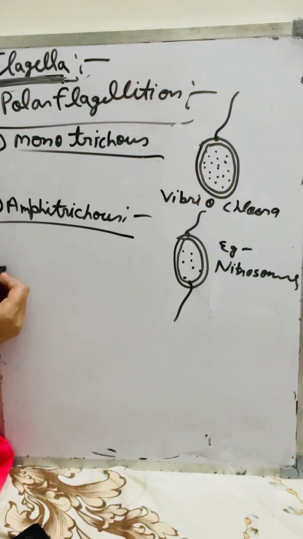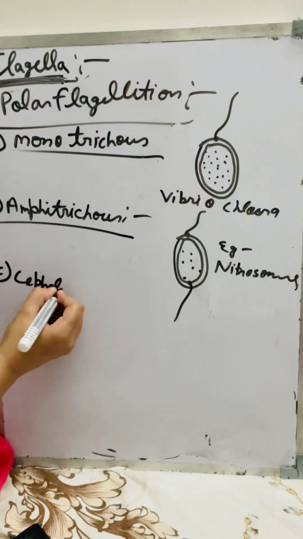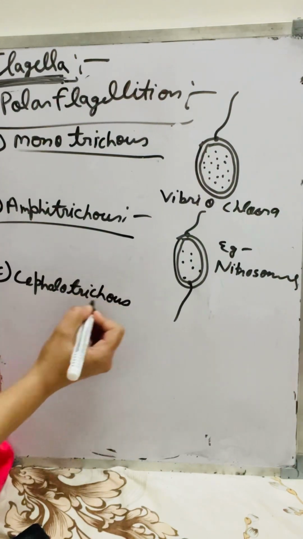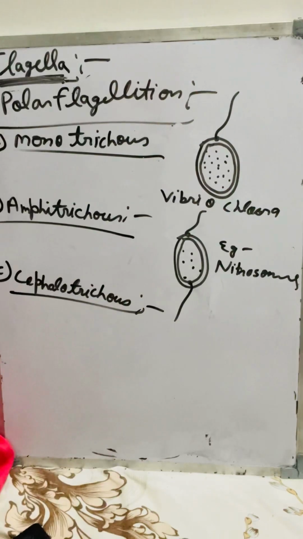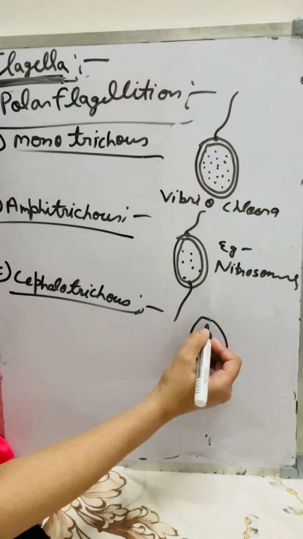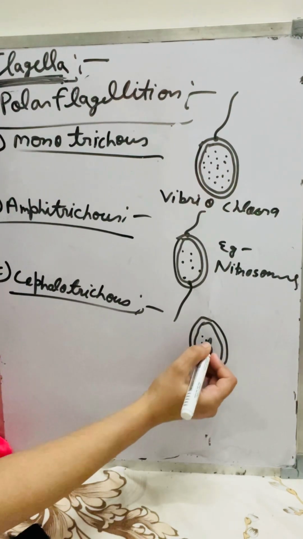And number 3 is cephalotrichous. Again see the diagram, this is the bacterial cell.